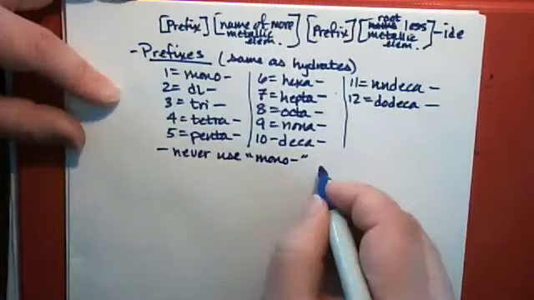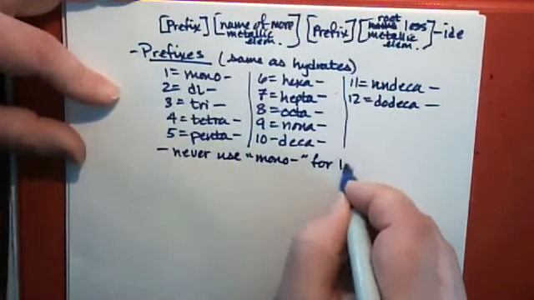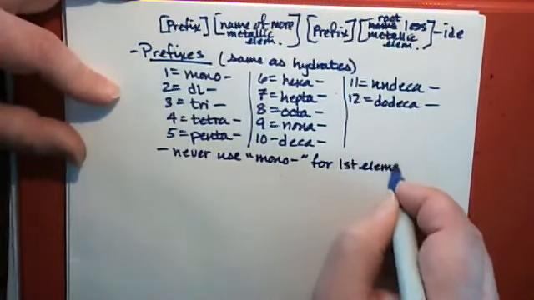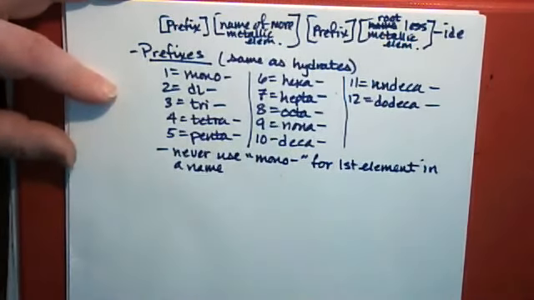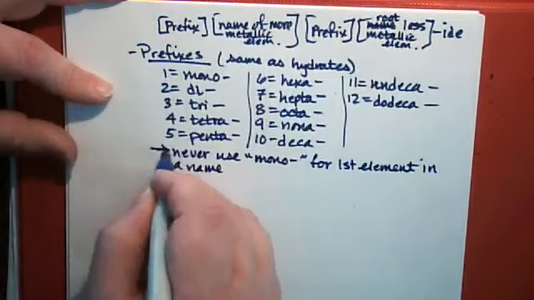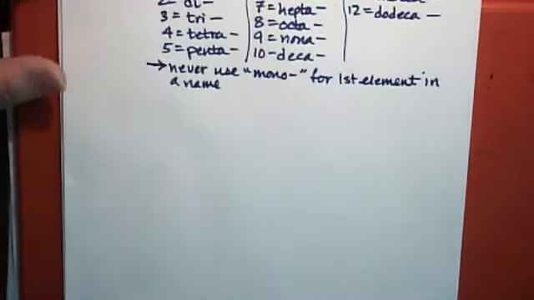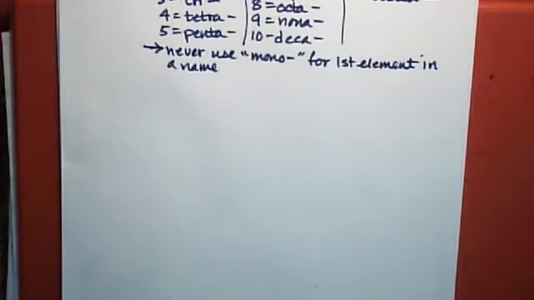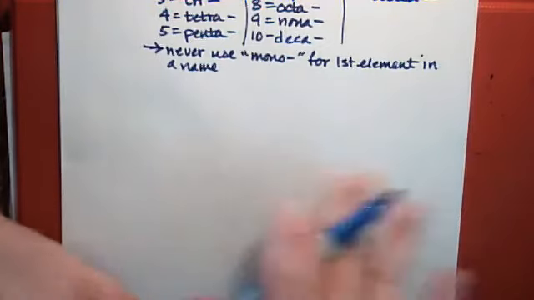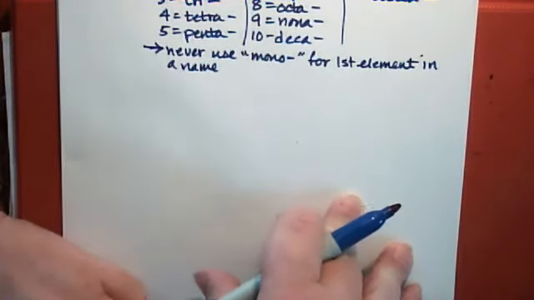One exception to using the prefixes is that you never use the mono prefix for the first element in a name, even if there is only one of them. That's because there's an enormous number of compounds that consist of one relatively metallic nonmetal surrounded by more metallic nonmetals like, say, oxygen.